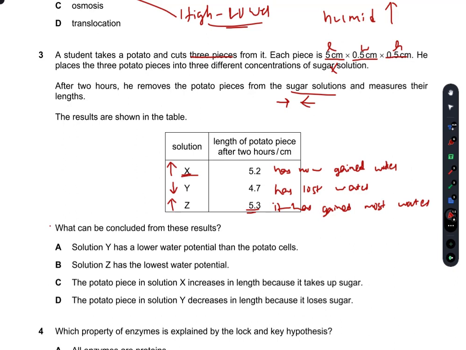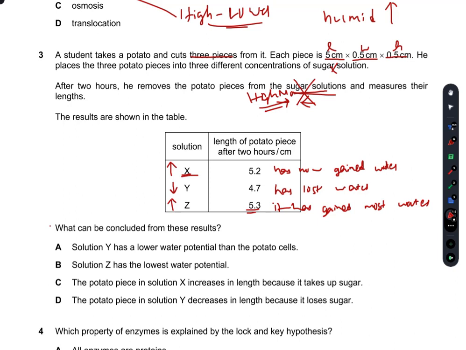Because the sugars have a high molecular weight, high Mr, means that these sugars cannot pass through the semi-permeable membranes of the cell. So sugars would not move in or move out of the cells. So it is only water which will move in and move out. So solution Y has a lower water potential than the potato cells.